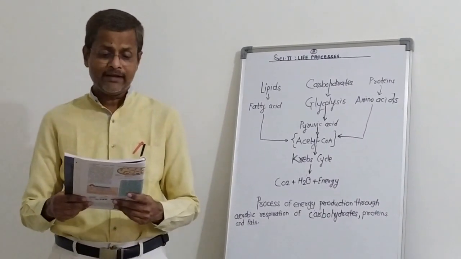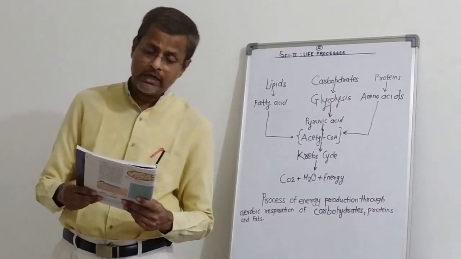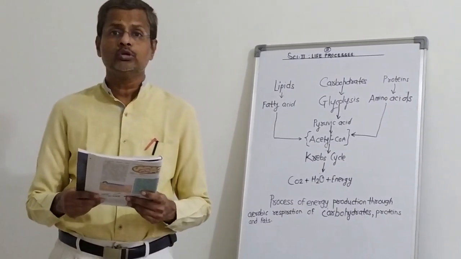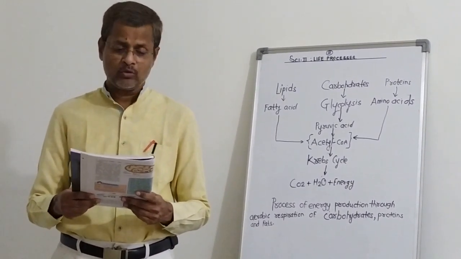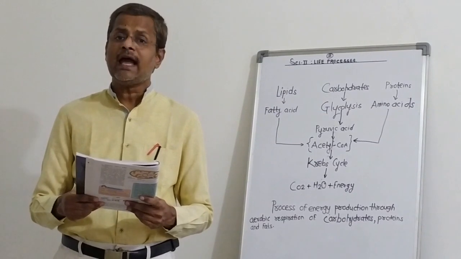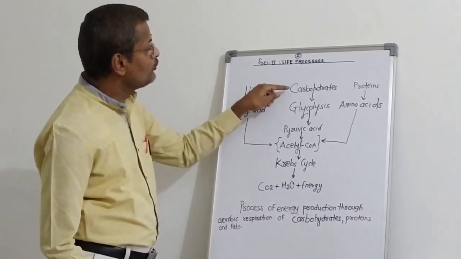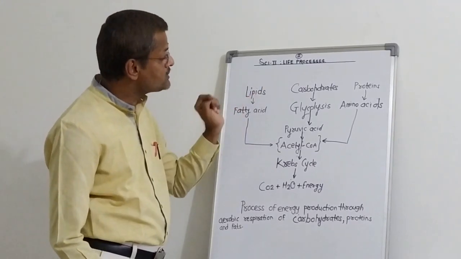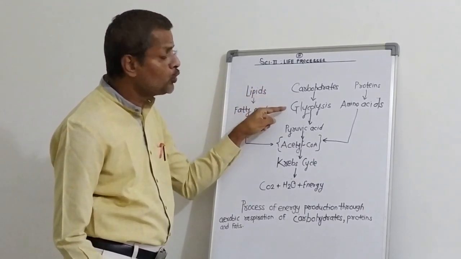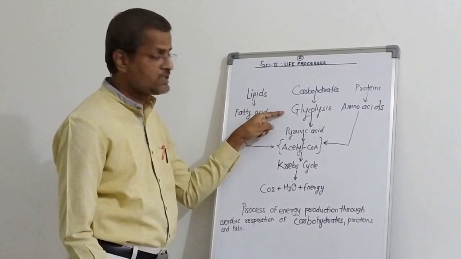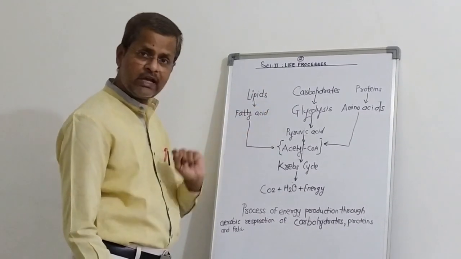So, let us see the process of energy production through aerobic respiration of carbohydrates, proteins and fats. Look at the diagram here. We'll see first of all carbohydrates. Carbohydrates undergo glycolysis, that we have already seen, to produce pyruvic acid.